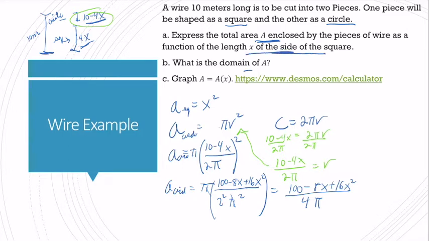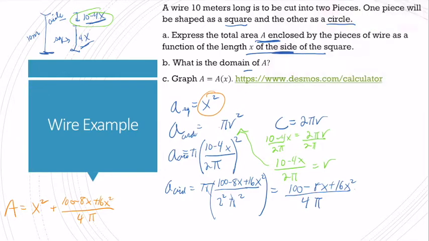So the area enclosed by the piece of wire as a function of the length x of the side of the square is going to be, my total area will be x squared, because that's the equation for a square, plus (100 minus 80x plus 16x squared) over 4 pi.